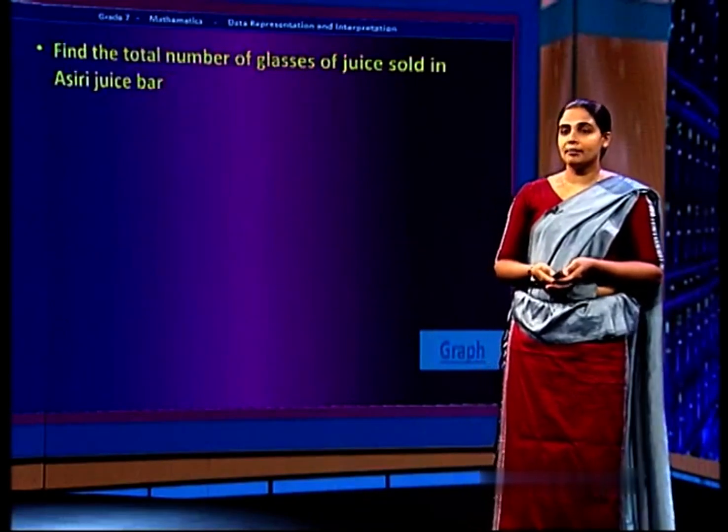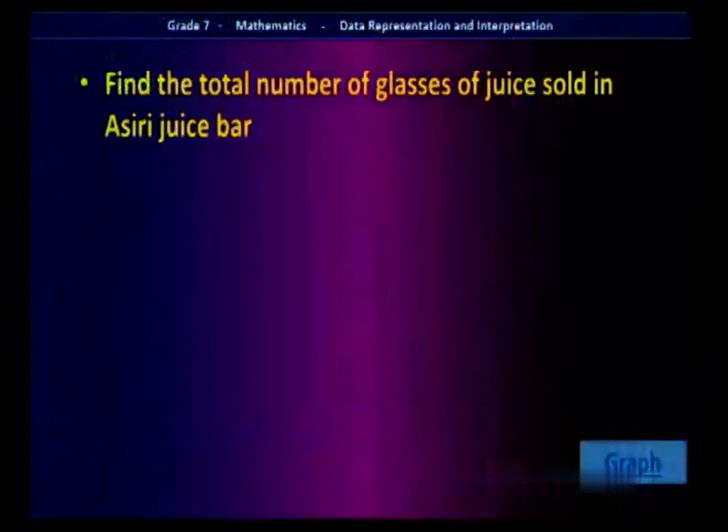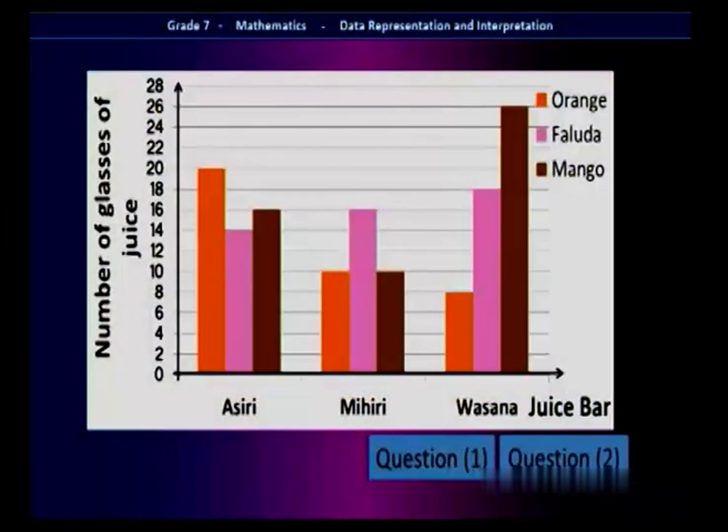Find the total number of glasses of juice sold in Asiri juice bar. Total number of glasses sold in Asiri juice bar. Let's go to the graph. Asiri, first one. You can read the name of the juice bar and check the height of each bar. Then orange shows 20.